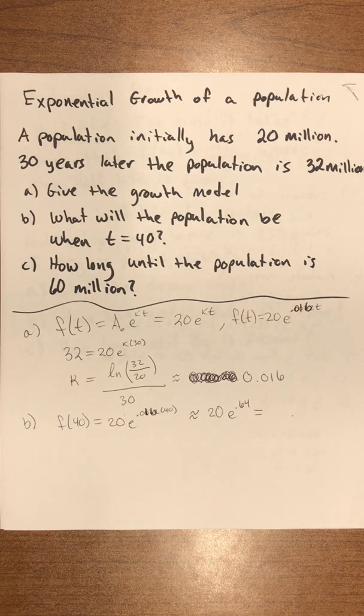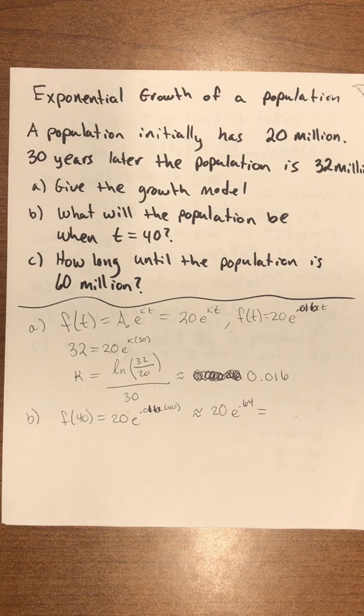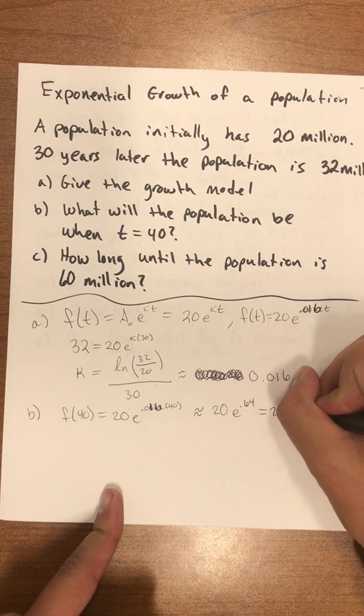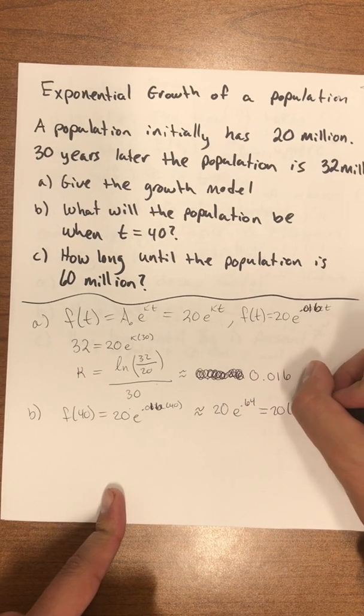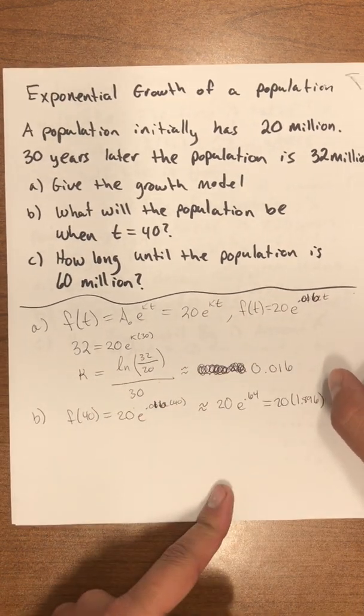And I'm getting 0.64 when I do 0.016 times 40, so that's 0.64. And that's about 1.896.